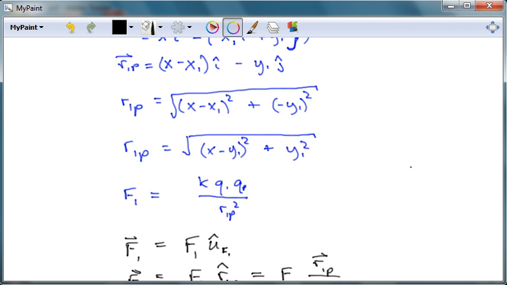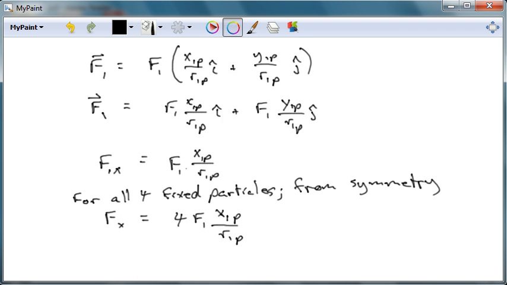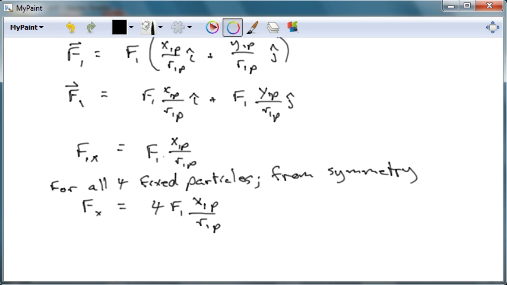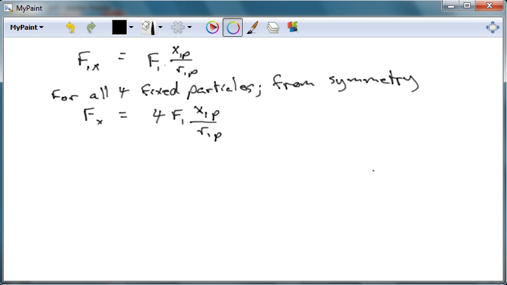Alright, so what do we got here? I think we're in a position to apply Newton's second law. Let's say for our charged particle P, there's one net force acting to the right, and there's a corresponding acceleration to the right from the sum of the forces to the right being equal to the mass times the acceleration to the right.